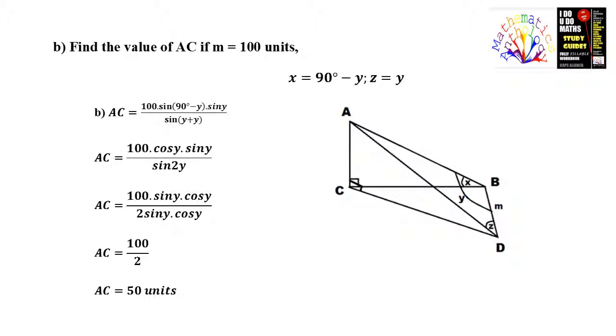And I can see that sine of 2Y is a double angle that changes to 2 sine Y cos Y. My sine Y's can cancel off, my cos Y's can cancel off, and I'm left with 100 over 2, which is 50 units, and that is the answer for AC.